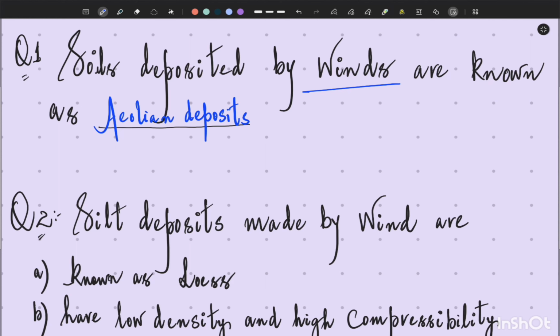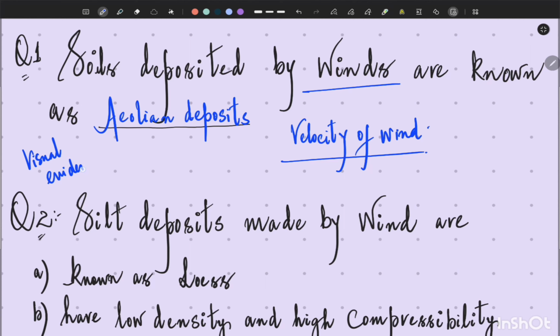You must also note that the particle size for such soils depends upon the velocity of the wind. It is quite evident that the fine particles are carried far away from the place of formation. A dust storm gives us good visual evidence of soil particles carried by wind, where the agency of transportation is wind itself.